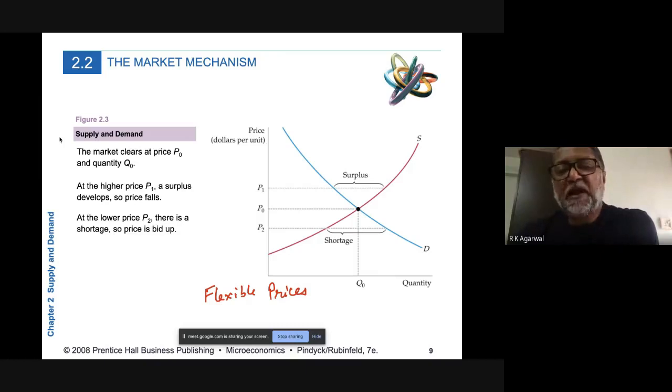To start with, you may have a surplus supply, but you will eventually go back to equilibrium. To start with, you may have shortages of supply, but eventually you will go back to equilibrium.